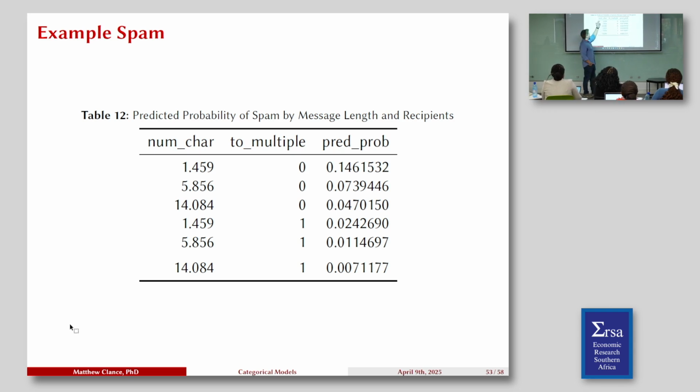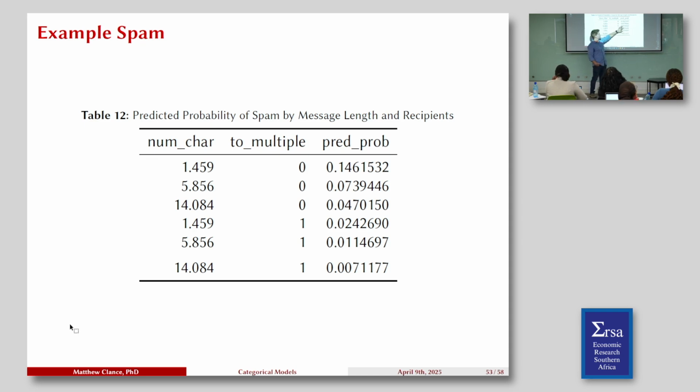In terms of the number of characters, sorry, this is going up, and then that's going down. In terms of where it had multiple recipients, same thing, just at the same points. But you can see that when I started out, I was at 2.5% versus 14%.